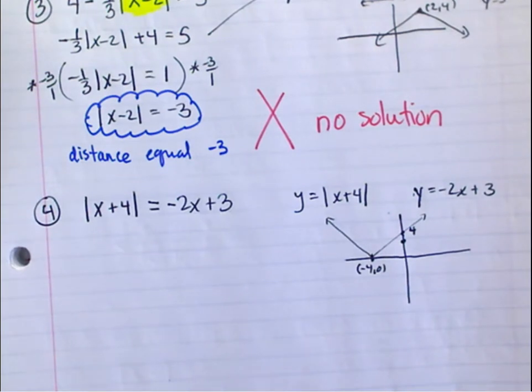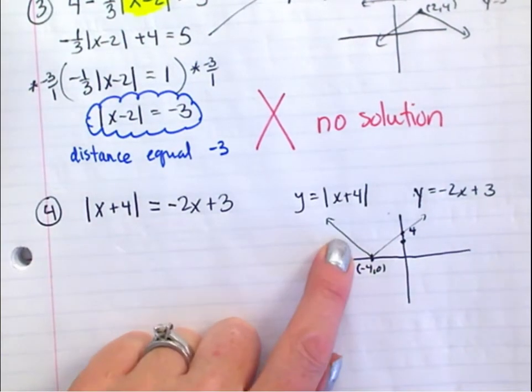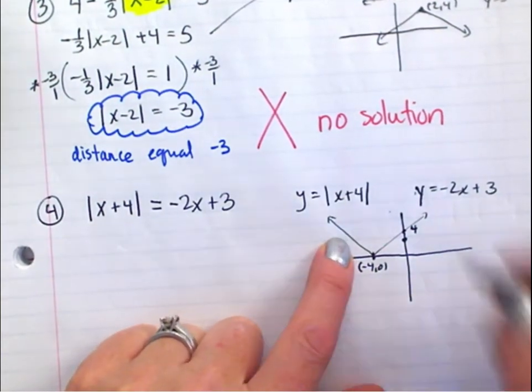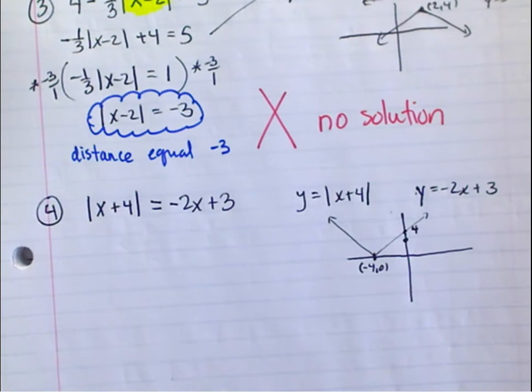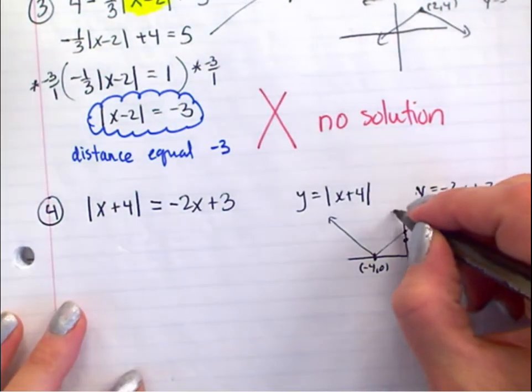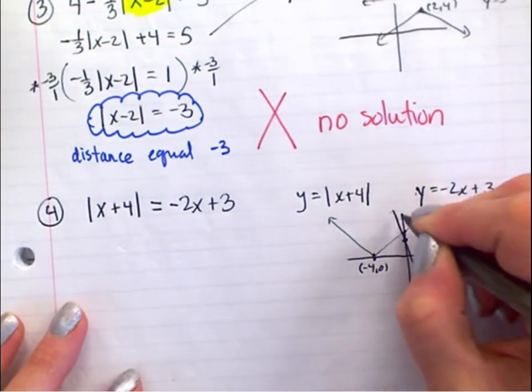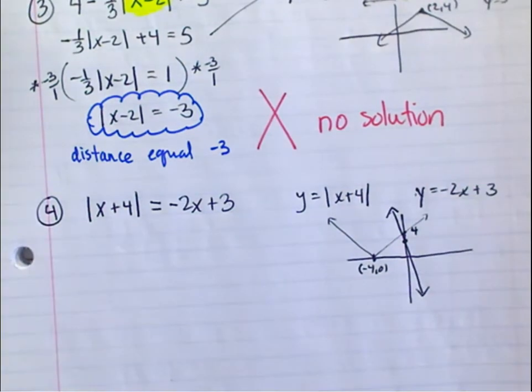Is negative 2 steeper than this negative 1 slope? Yeah, okay, so just try to make it steeper. I see that these two things only cross once.